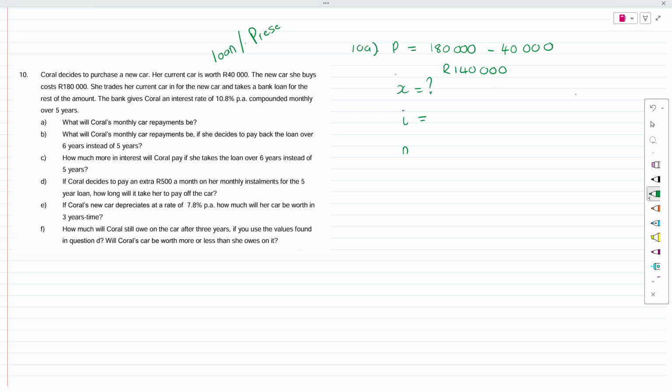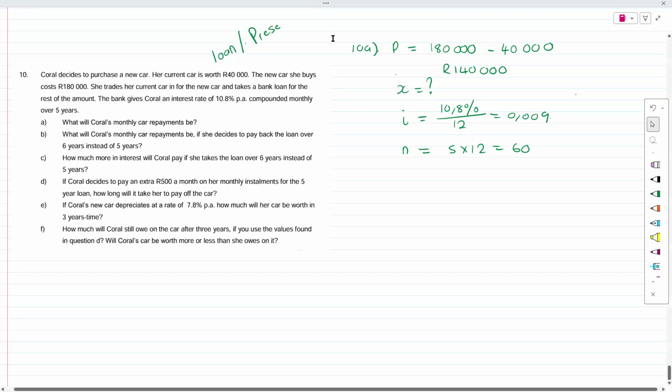The I value is 10.8% divided by 12, which is 0.009. And then N is 5 times 12, which is 60. Okay.